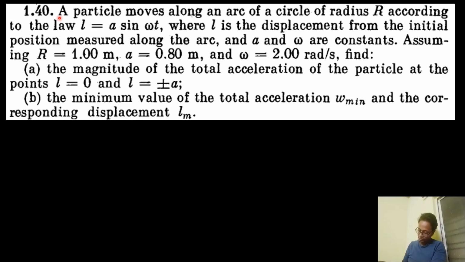See this question. A particle moves along an arc of a circle of radius r according to the law L is equal to a sine omega t, where L is the displacement from the initial position measured along the arc. A and omega are constant. So this is a particle that is moving in a circular orbit.